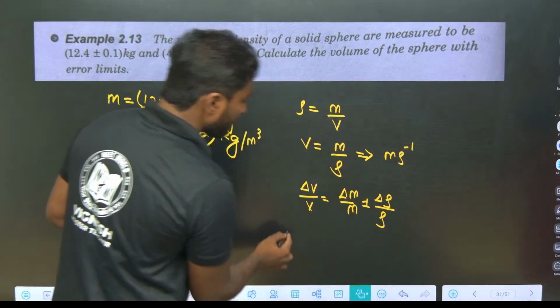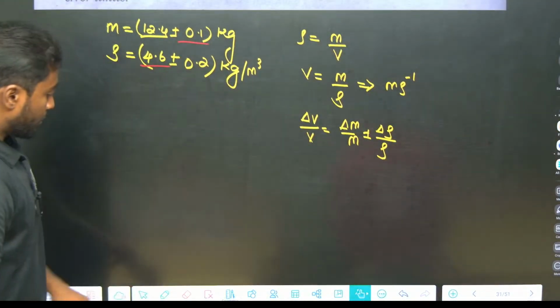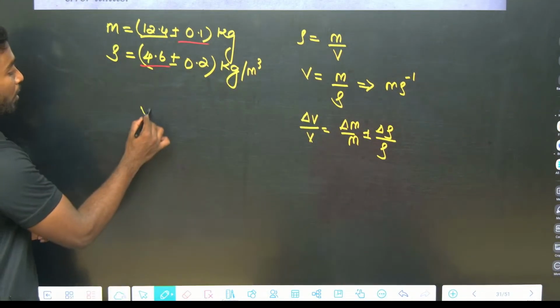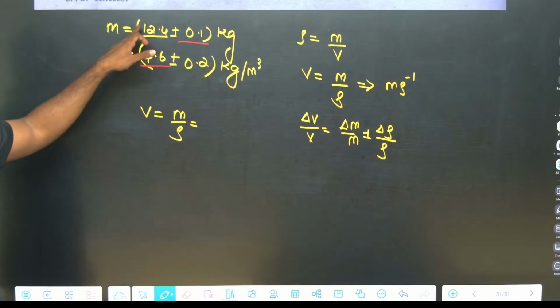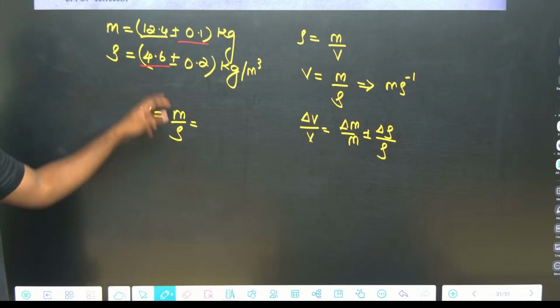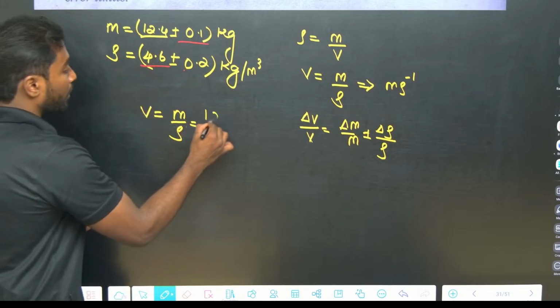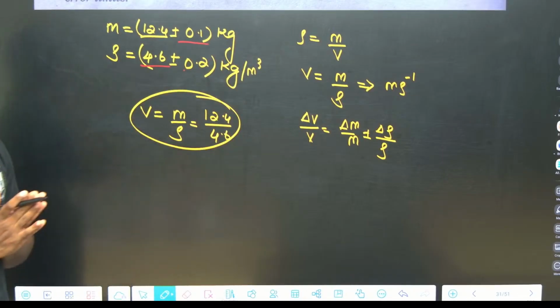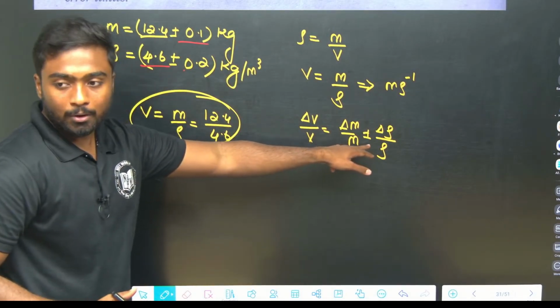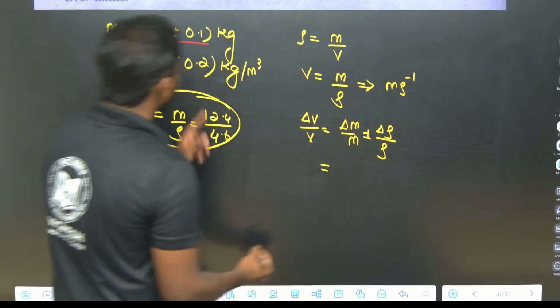So here what is volume now? Volume is equal to mass by density. What is mass here? 12.4, and what is density here? 4.6. So 12.4 divided by 4.6. I'll keep this as it is and go for the error now. What is delta M? 0.1.